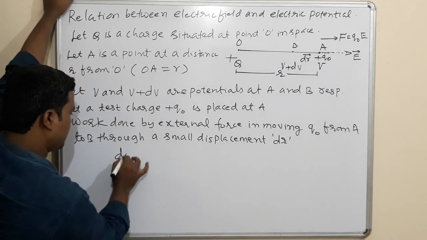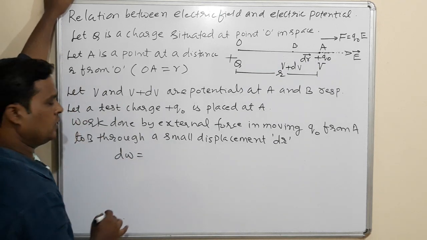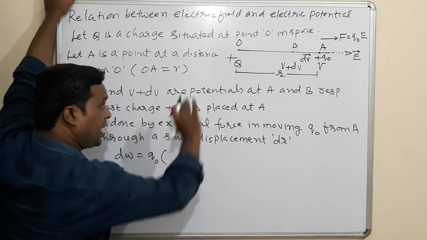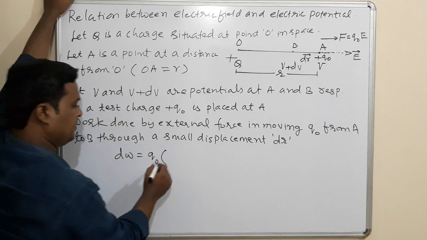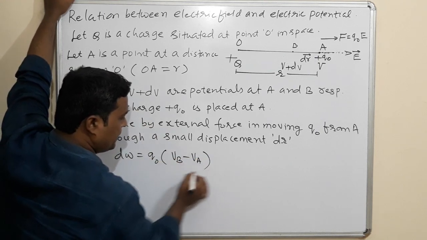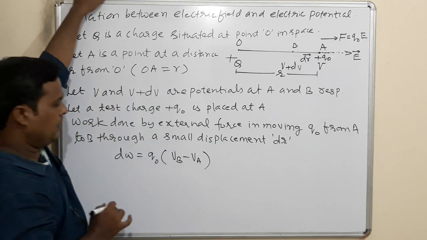Work done by external force is equal to the charge that we are moving into the potential difference between A and B, that is VB minus VA.